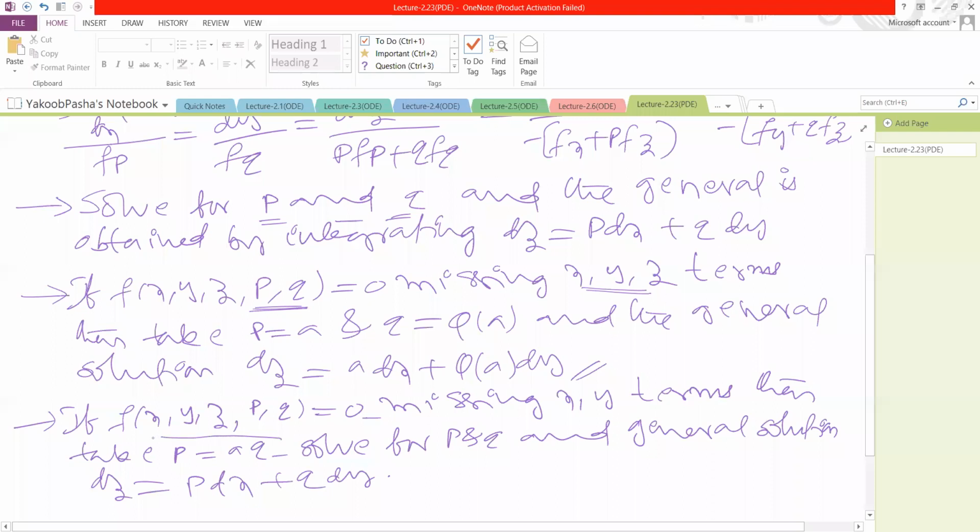You have to remember, when independent variables are missing, we have to take p = aq.